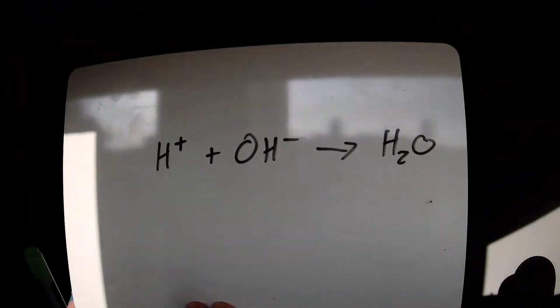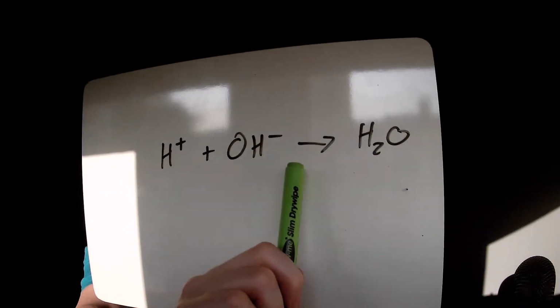The one you should really look out for, and it comes up in the electrolysis section as well, is how we make water. So look out for this one: H+ plus OH- makes H2O. That's probably going to be one of the more common ones that crops up there.